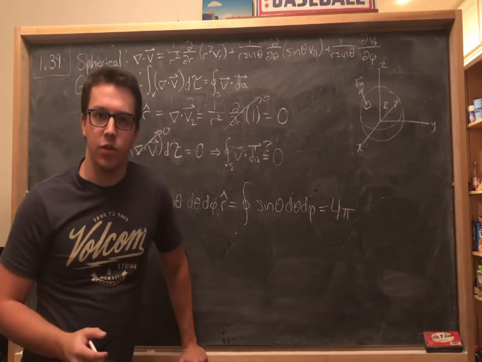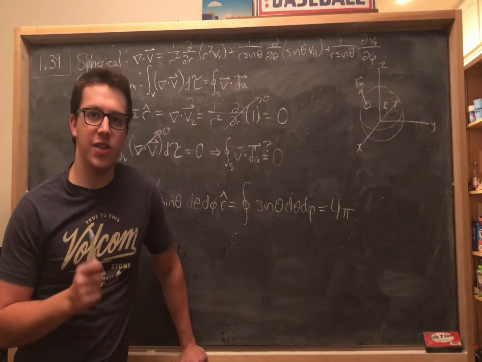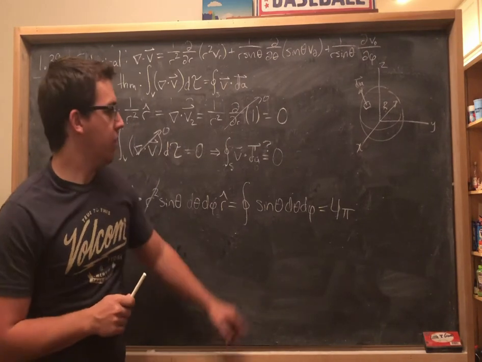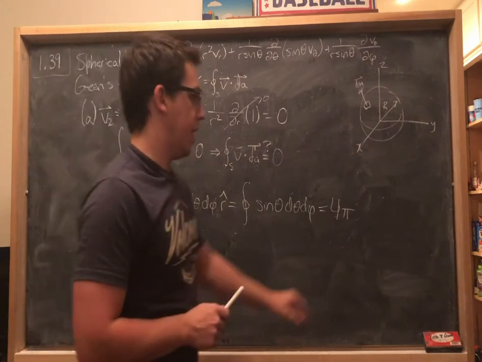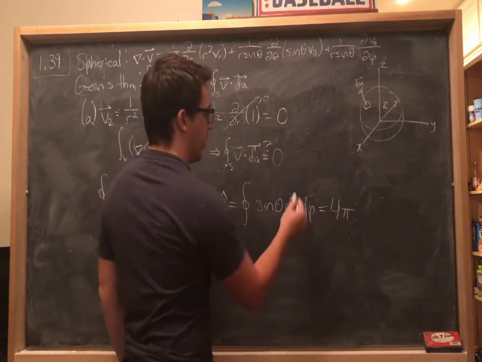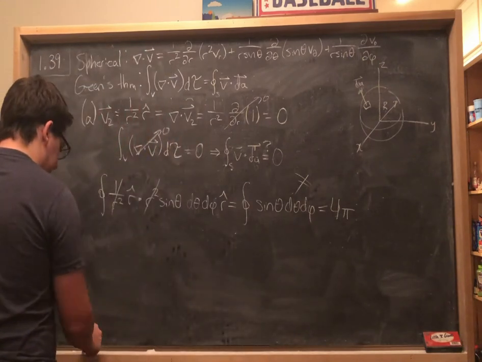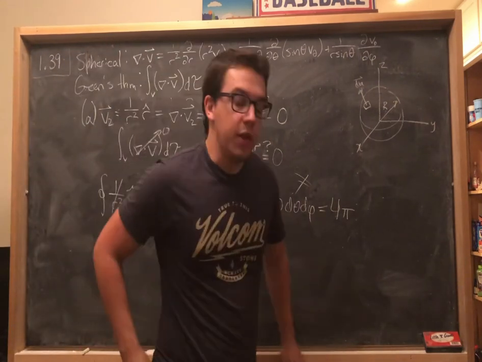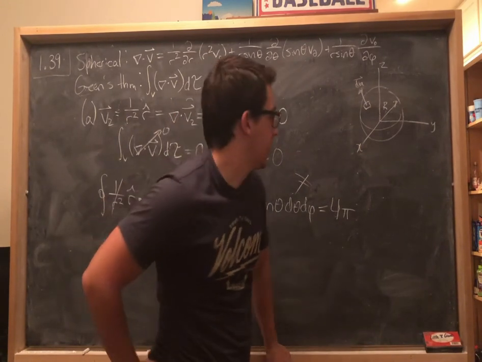Now that's strange, isn't it? Because the divergence theorem does not seem to be holding up here. We got 0 on one side of the equation, and we got 4 pi on the other hand, and those are definitely not equal. If they are equal, I gotta reevaluate what I know about math.